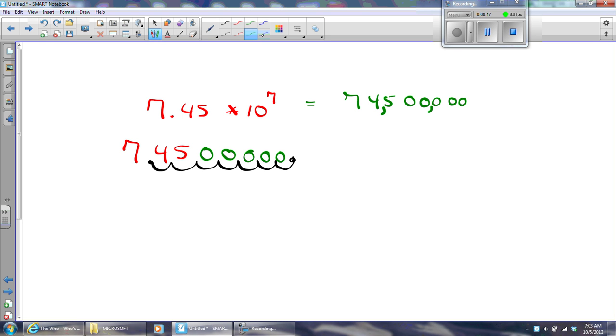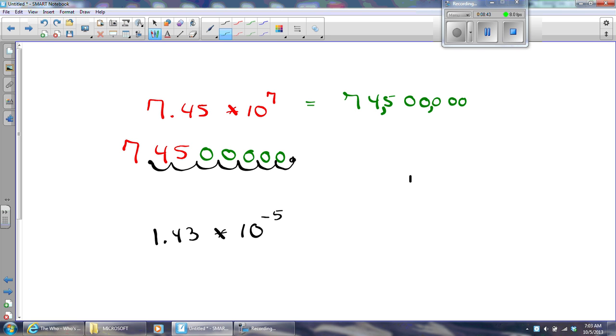Okay, what if I have a really small number like this? Well, I'm going to, oops, I'm sorry, silly me. What if I have a number like this, which is really division, isn't it? Because I'm multiplying by 10 to the negative fifth.